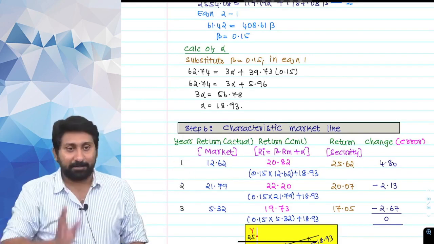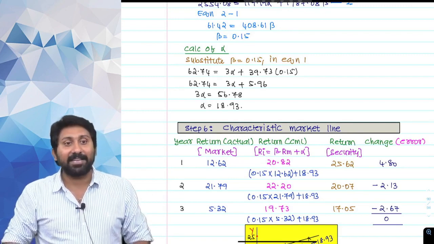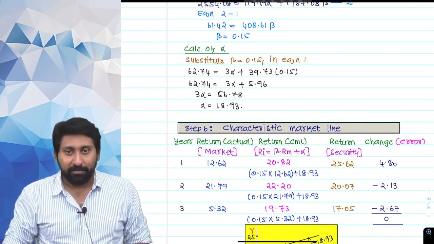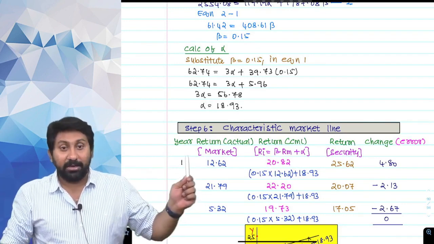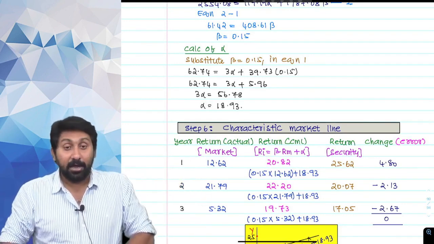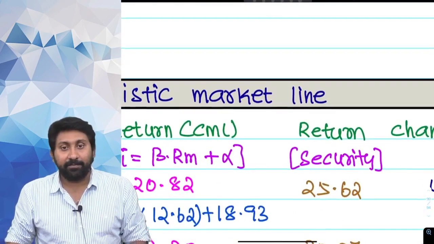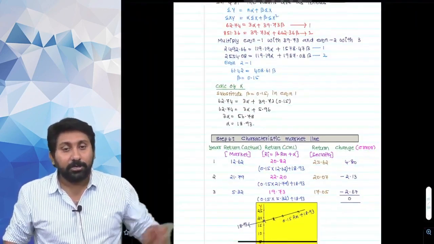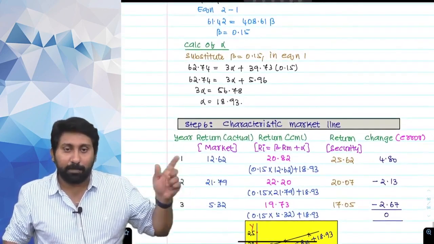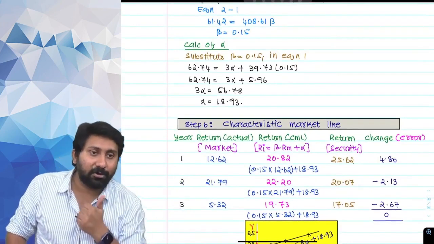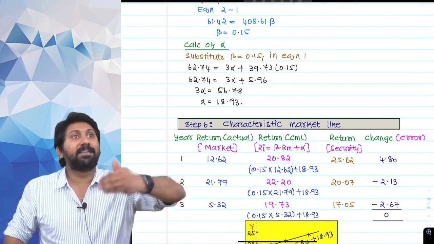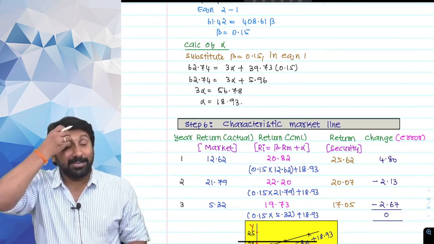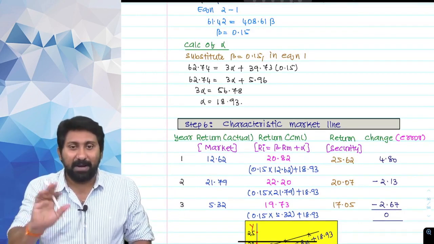Take an example: the institute is giving a pass percentage, and my average is 20.82. Say I started an institute, X Limited. The institute has given 12% pass, my institute has given 25% pass. When the institute is giving 12.62 pass percentage, how did my institute get 25.62?